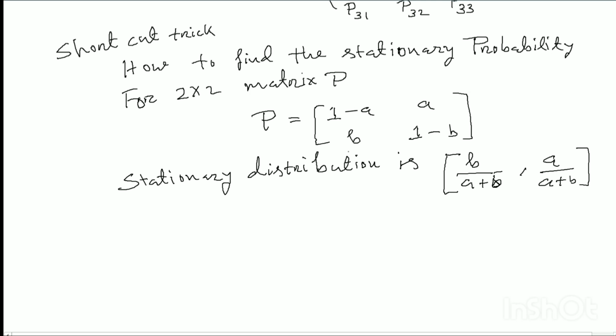This is my total. So the states are 0 and 1, B is first and A is second, and I have to sum up the total diagonal. This is the short method.